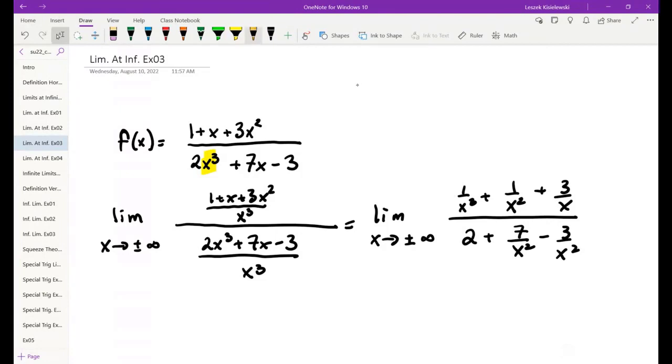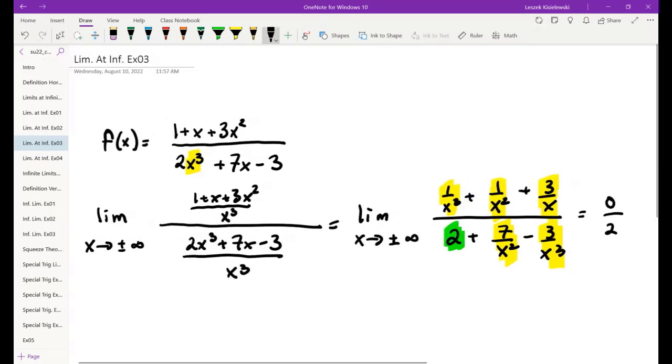Okay, so again, we see that all the terms that have an x or some power of x in the denominator will go to 0, and the constant will remain itself. So at the limit on top, we get 0. At the bottom, we get 2.